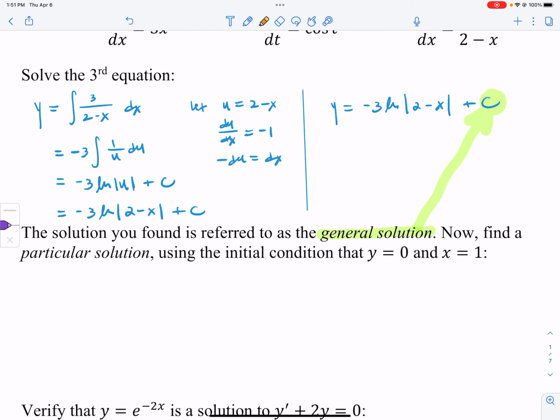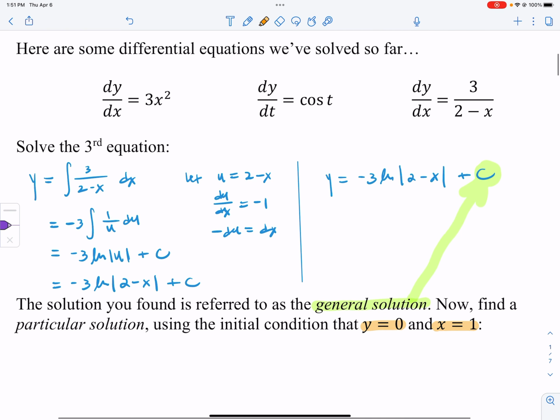And the initial condition in this case for the particular solution that we are going to solve for is that y is equal to 0 and x is equal to 1. So the point (1, 0) is a point on the graph of the particular solution.